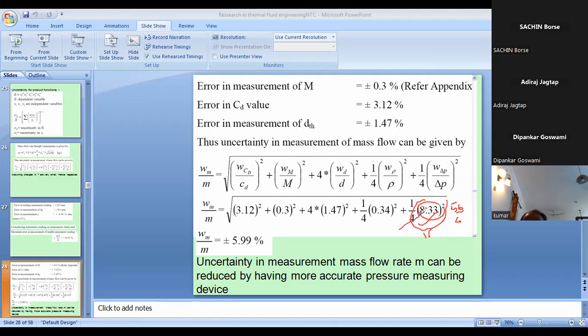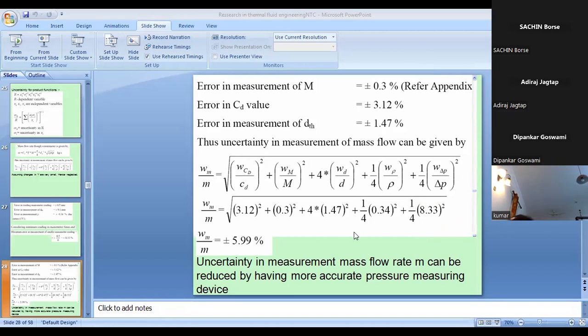Why we do uncertainty analysis at the time of instrument selection is to reduce this uncertainty so that our research becomes acceptable. Please understand, if you say your research has very large error in measurement, no one will accept your result.